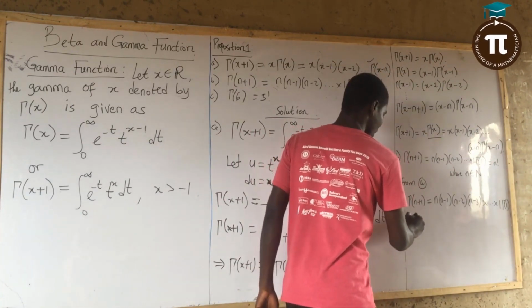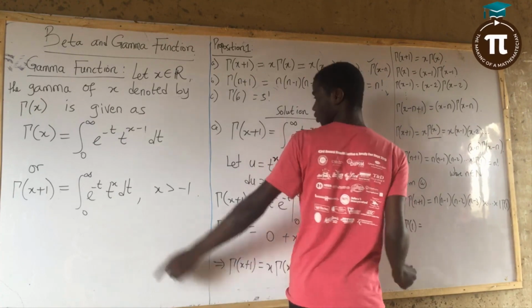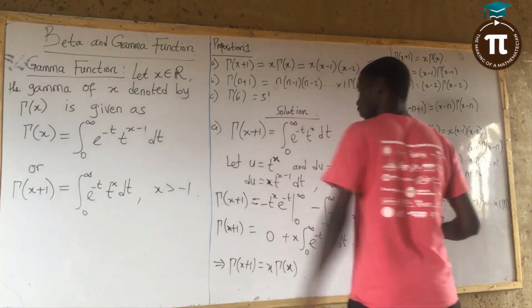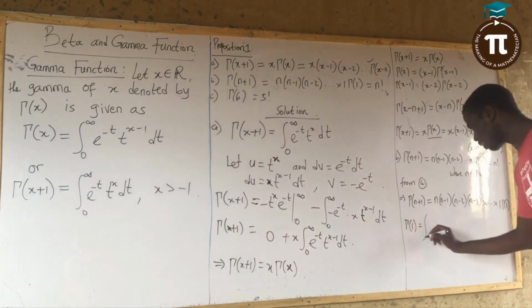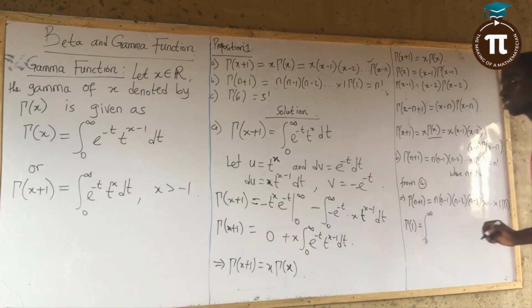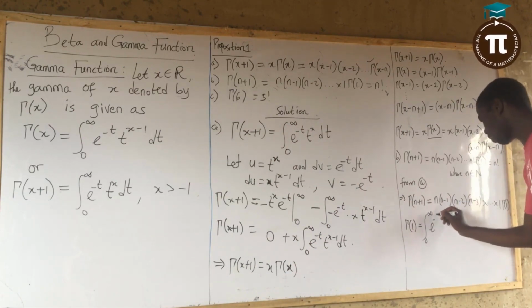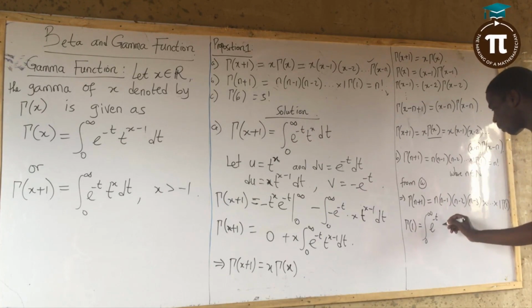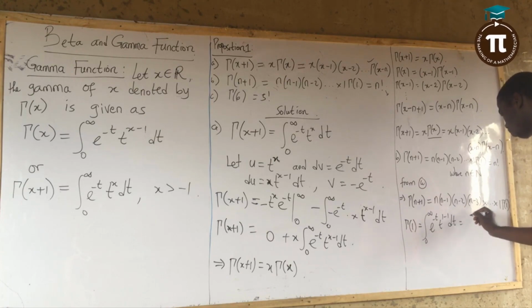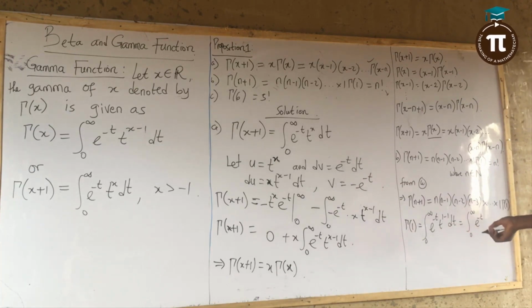Γ(1) will be equal to what? By definition, Γ(1) is the integral from 0 to infinity of e^(-t) t^0 dt, because that will be t^(1-1). So this will be the integral from 0 to infinity of e^(-t) dt, since anything raised to power 0 is 1.